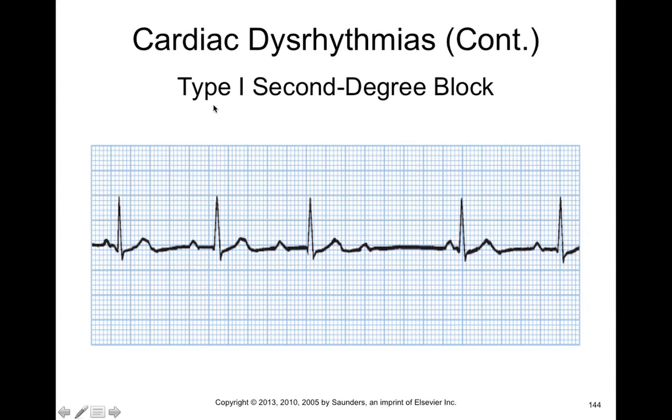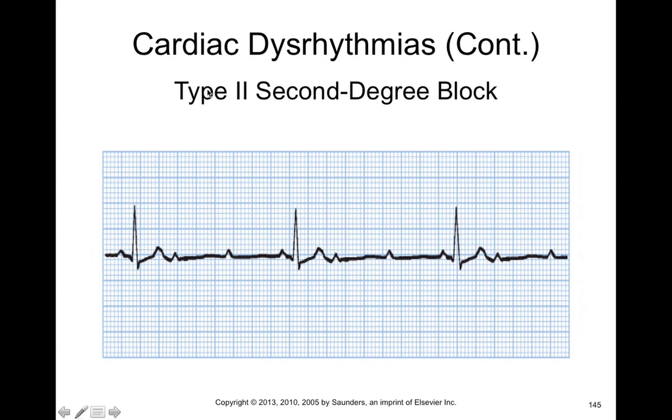So here we're seeing an ECG of type 1 second degree block. And what we find is we see P, QRS, T, P, QRS, T. If you look at this, the distance between this P wave and QRS wave has an increasing interval, until this leads to a P wave, and then there's a non-conducted QRS wave. Now what we count here, there's only one non-conducted P wave, so we consider this a type 1 second degree block.